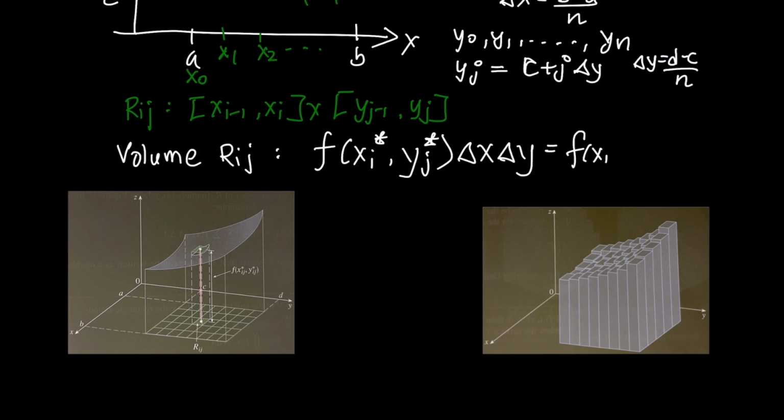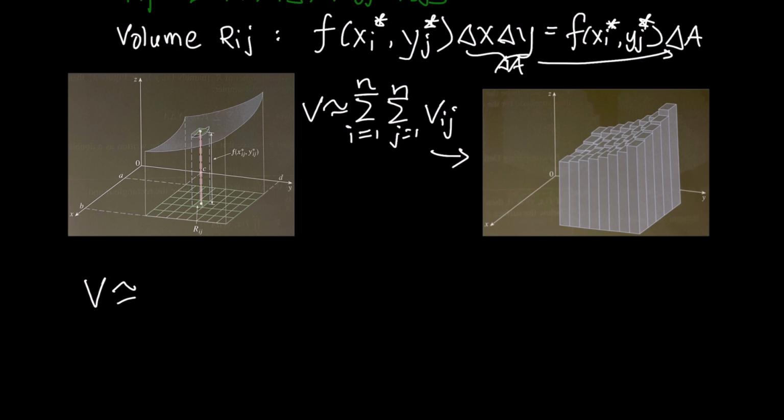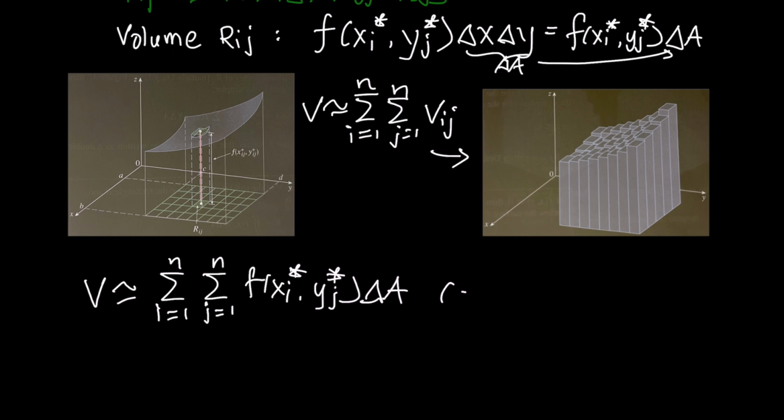We are going to write f of xi star, yj star, and we'll just call this delta A. The total volume is then a double sum, i equals 1 to n, j equals 1 to n of the volume in each one of these individual boxes. Essentially it's trying to add up the contribution of volume from each one of these columns that we see here on the right. The total volume then is approximately given by this double sum, f of xi star, yj star, delta A. And again, this is the approximate volume.